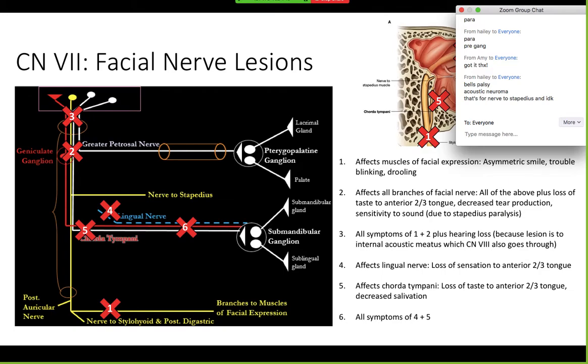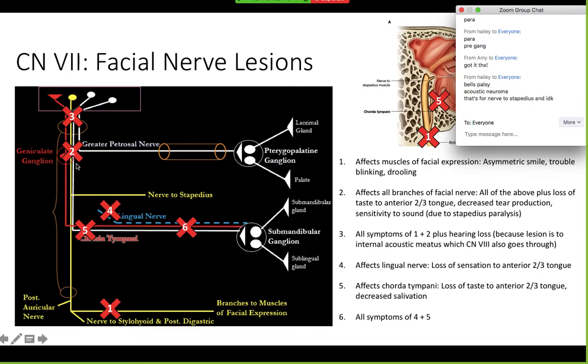The reason this is important, and they talk about it more in second year, is if you get a patient and the side of their face is drooping, you're like, oh, obviously this is Bell's palsy. If you don't ask them about their hearing and they don't tell you, you could miss an acoustic neuroma, which is more serious because it's a tumor, and that's something that requires surgery and a much more in-depth treatment than Bell's palsy would.